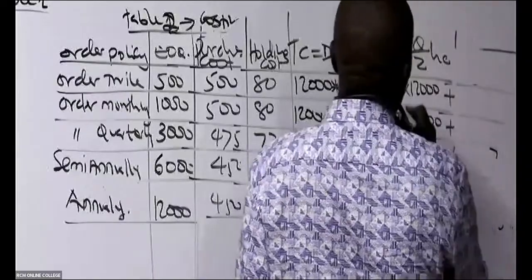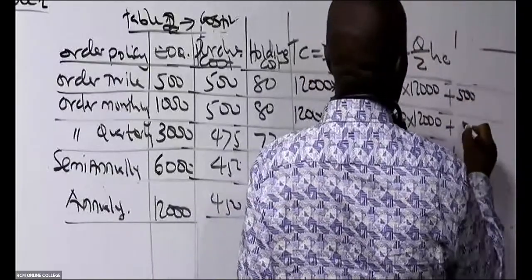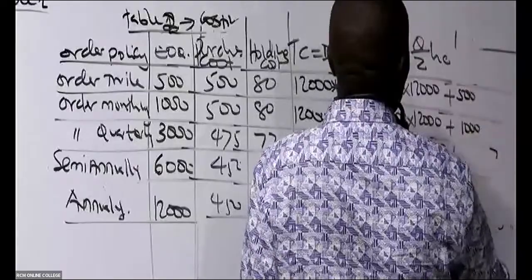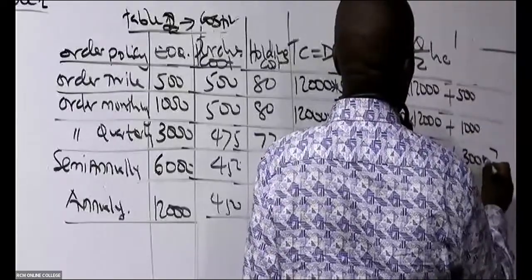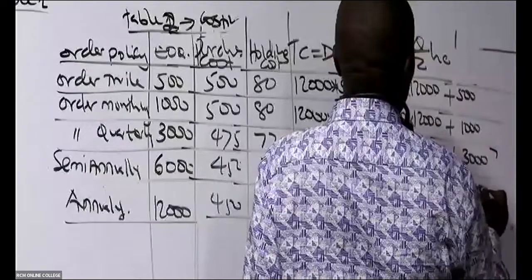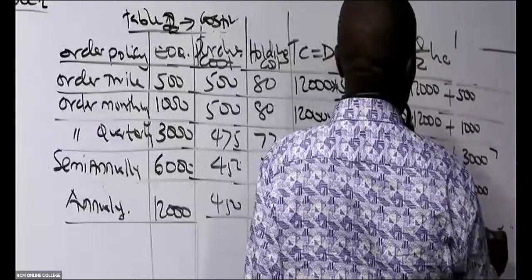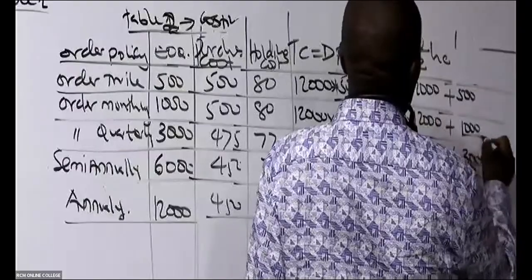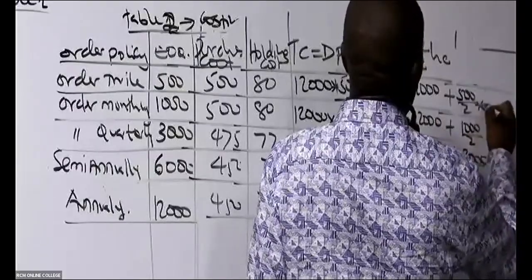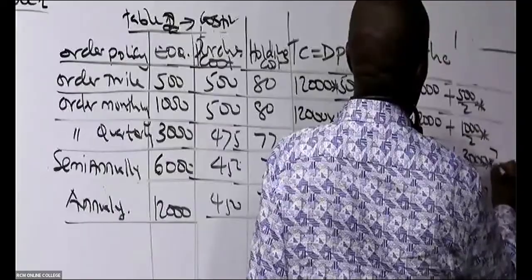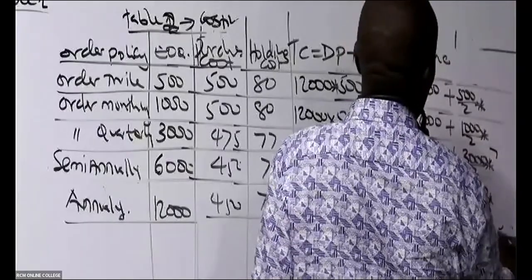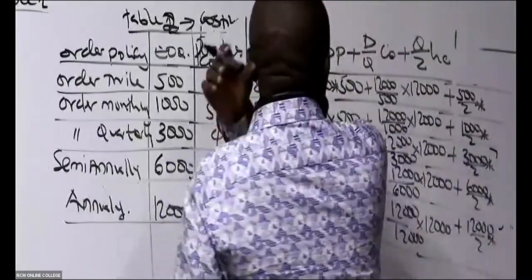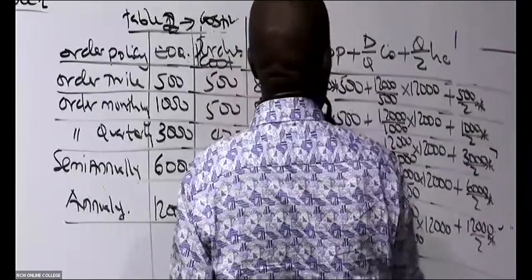So the Q's are here. So times HC. So what do we have here as our holding cost? 80.